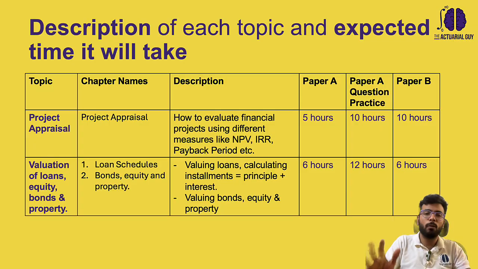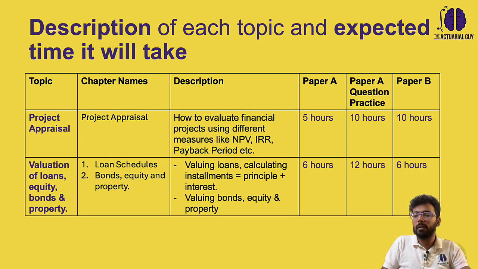So how do you value loans? How do you look at loans, whether that's a formal loan from a bank or any other informal loan? That's the idea. And then we value bonds, equity, and property, these different kinds of assets. Equity basically means shares, right?